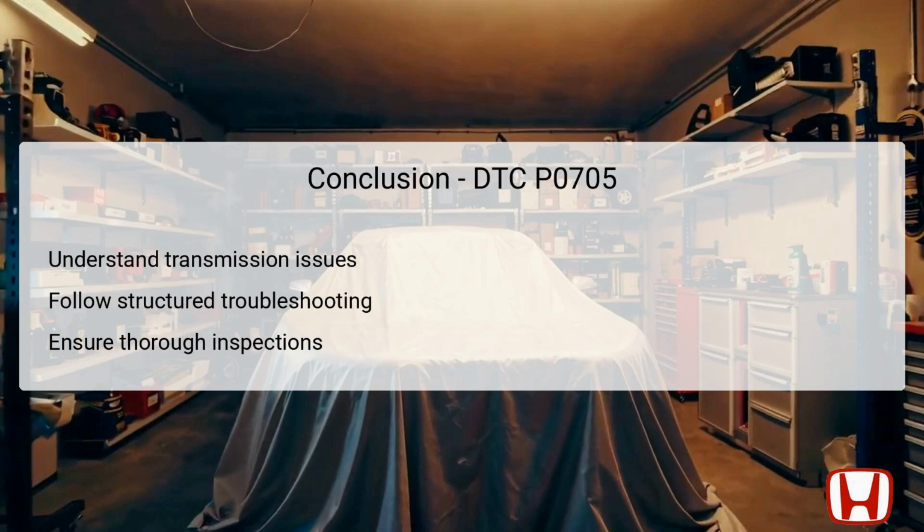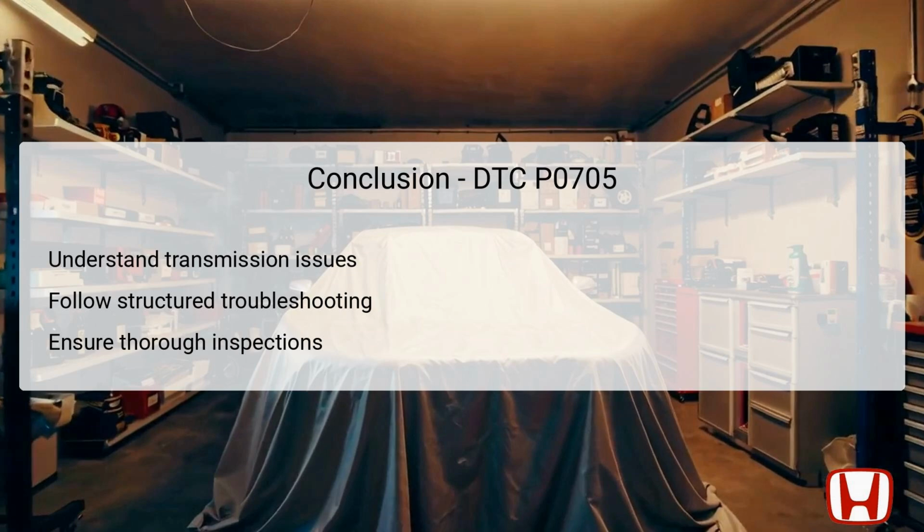In conclusion, DTC P0705 represents a critical error concerning the transmission range switch circuit in Honda Accord models from 2023 onwards. Understanding this context helps in recognizing the symptoms and implications of the error. Following a structured troubleshooting approach allows for effective identification and rectification of faults.